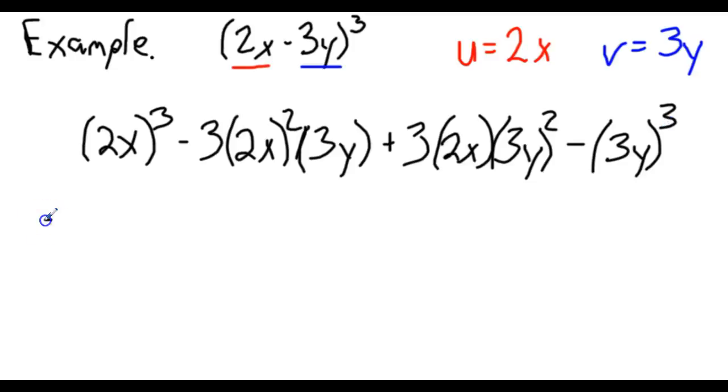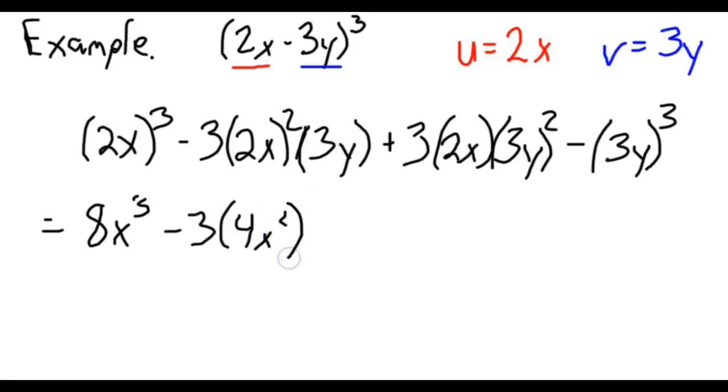So now if we simplify these, this first term we have 2x cubed. That cubed gets applied to each factor inside the parentheses. So that means we have to take 2 cubed, which is 8, and then x cubed. Now we need to simplify the second part. We have negative 3 times 2x squared. 2 squared is 4x squared times 3y, plus 3 times 2x is going to be a 6x, so we can simplify that a little bit right away.